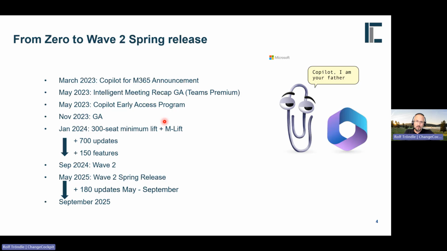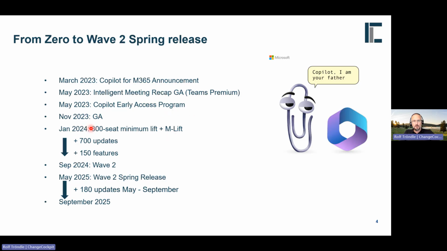This 300-seat minimum was lifted in January 2024, and also the dependency on the whole Microsoft 365 license suite. Now you can even buy a Copilot license for Business Basic if you like to do so.